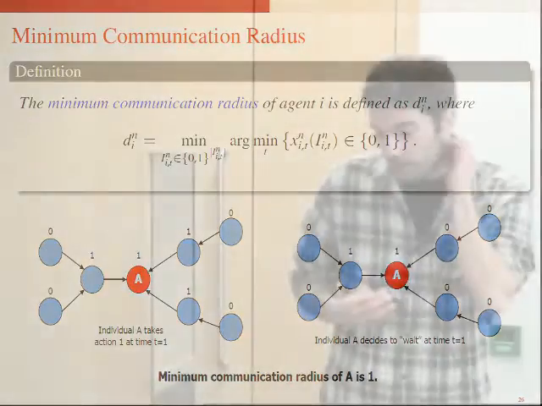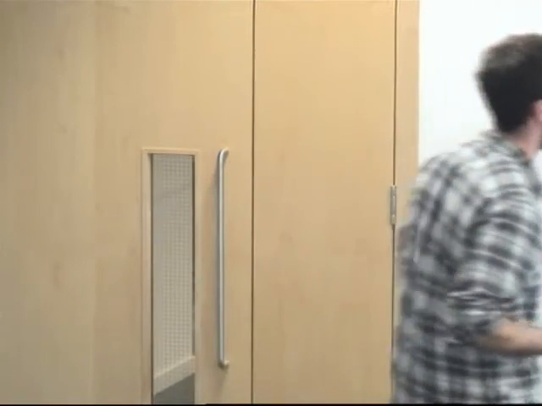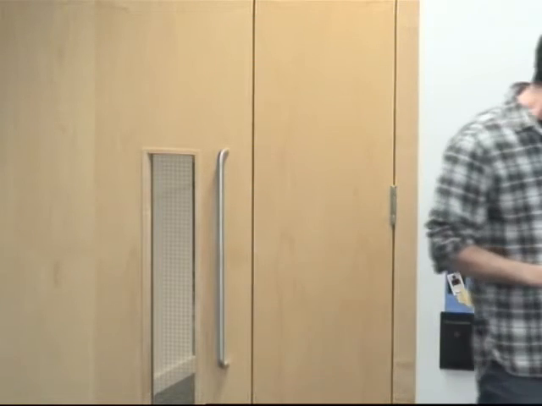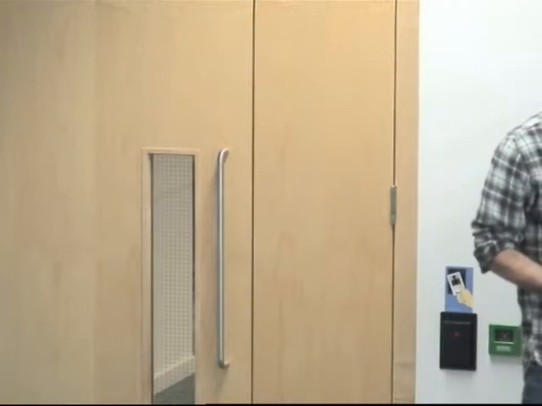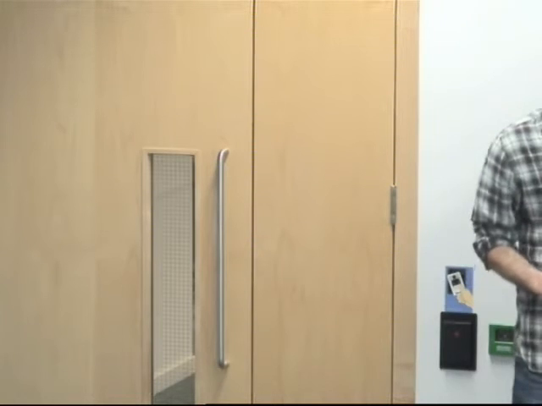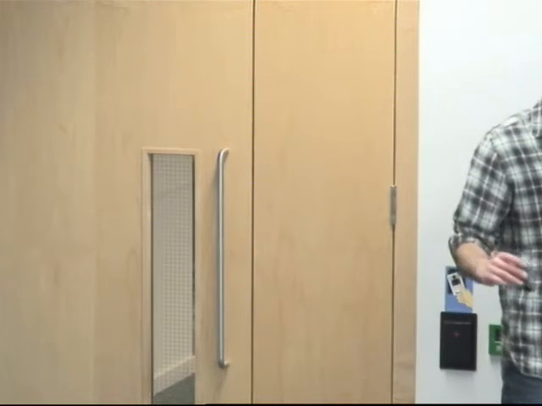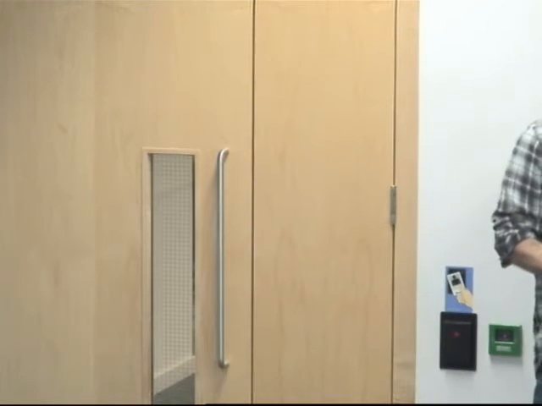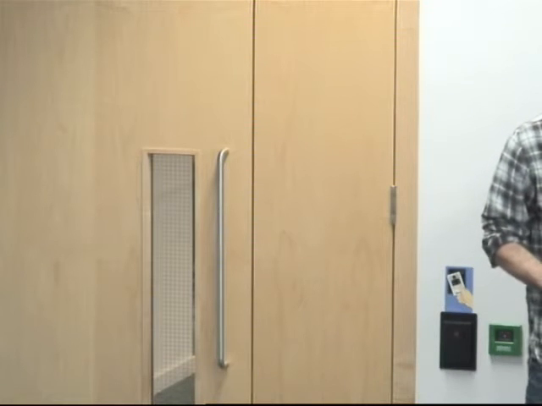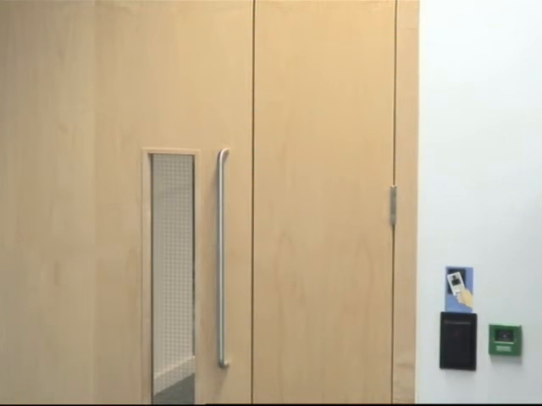So we define a minimum communication radius as the earliest time that an agent can take an action, okay, given any realization of the signals. In this case, if agent A gets all ones, he might decide that 1 should be the state at time t equals to 1 and exit. However, if he gets a different set of signals, he may choose to wait at t equals to 1.